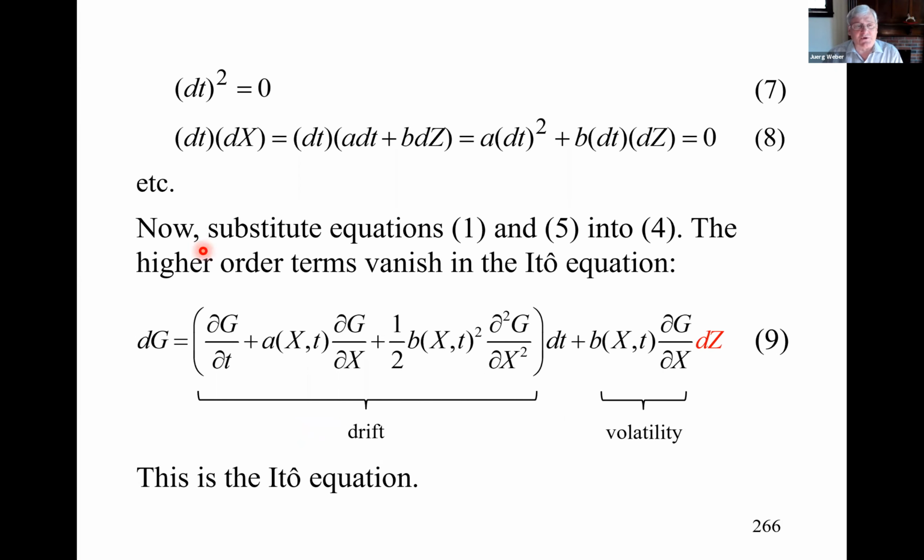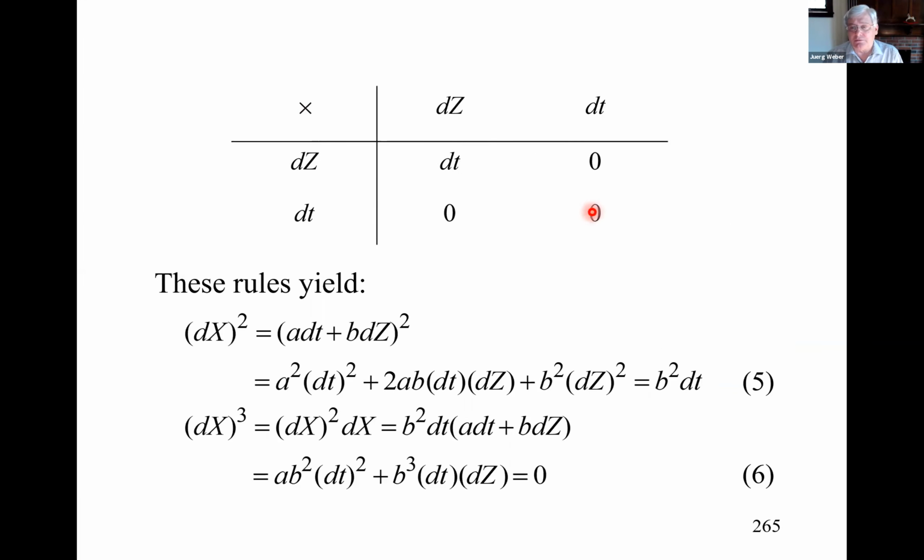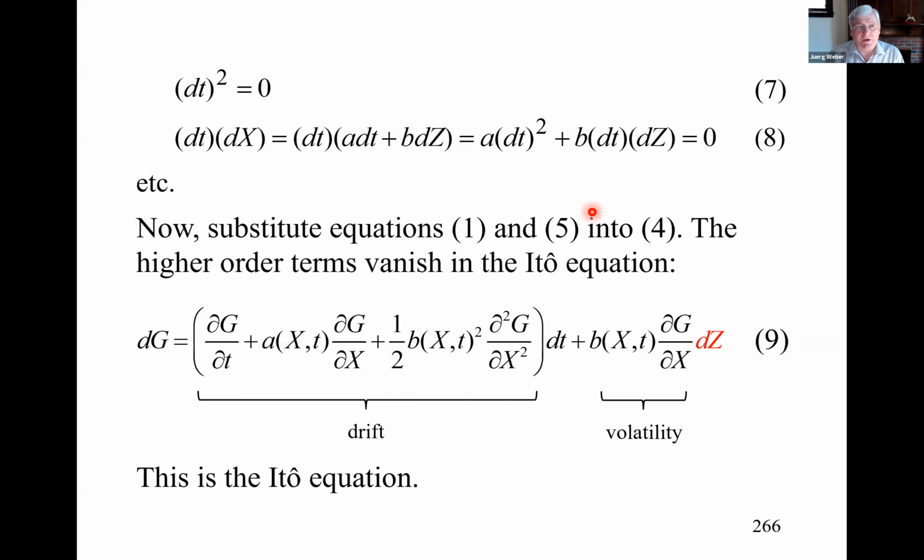Now this here with dt, already dt squared is 0. That's from the table. dt squared is 0. So naturally, dt to the third power is also 0, and so on. And the cross product here, let's look at this one. I have dt, again for the dx, plug in from the beginning, equation 1.